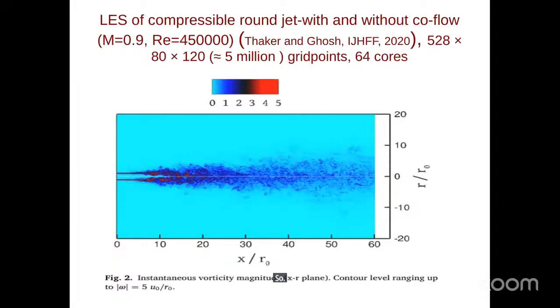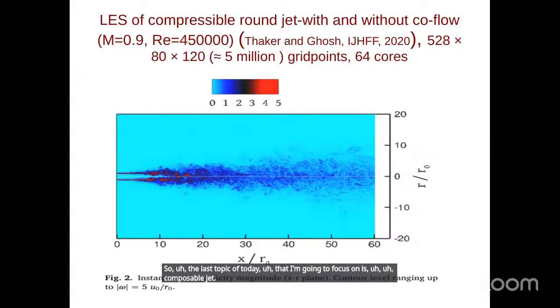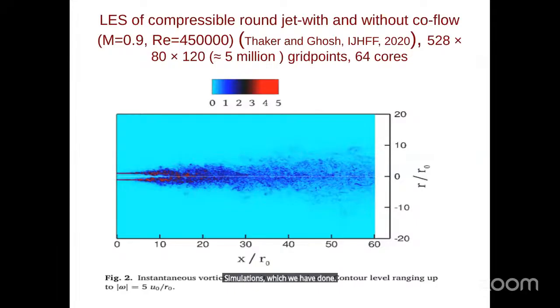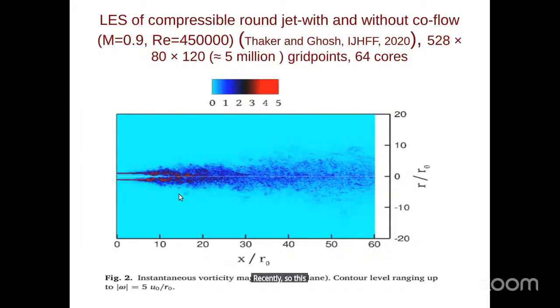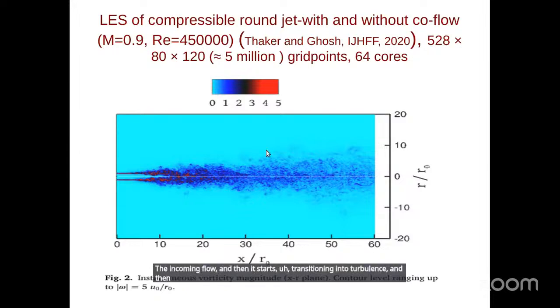The last topic of today that I'm going to focus on is compressible jet simulations, which we have done using a code which was developed by Pat Thakur and myself recently. This is a cross section of a round jet, and you can see the incoming flow, and then it starts transitioning into turbulence, and then you have the turbulent jet.